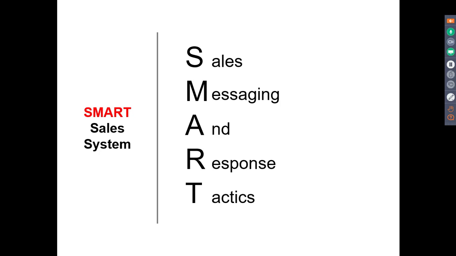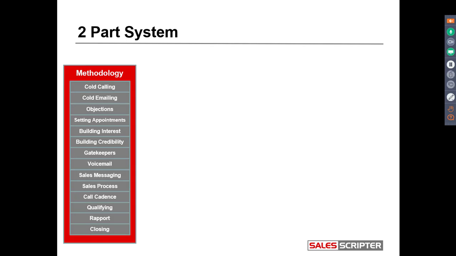And you could go through the most expensive and interesting workshop, but if you're not able to implement it and adopt it, then you might have wasted your time and money. With ours, we don't call this sales training, we call this a sales system because it is something that you can implement and actually incorporate into your sales efforts and process.